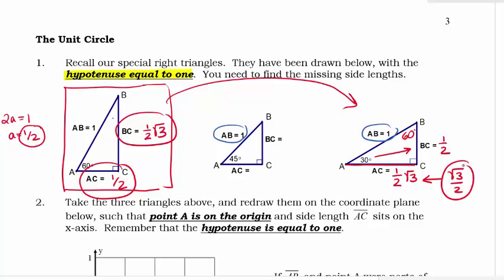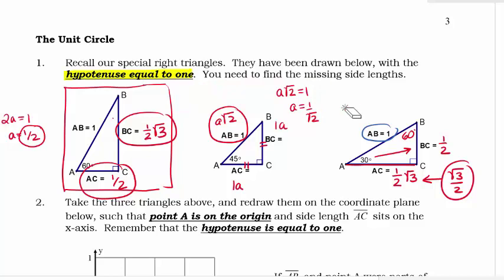Okay, now let's go to our 45, 45, 90 triangle. For our 45, 45, 90 triangle, we know that our ratios were 1a, 1a, because these two sides were congruent, and then if we use the Pythagorean theorem, we got a square roots of 2. So right now we need to set a square roots of 2 equal to 1. So if we set a square roots of 2 equal to 1, we solve for a, we divide both sides by the square root of 2, a equals 1 over the square root of 2.